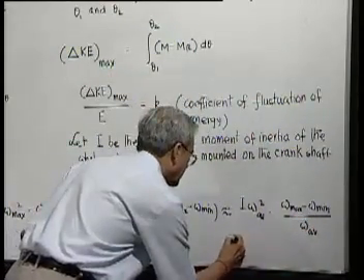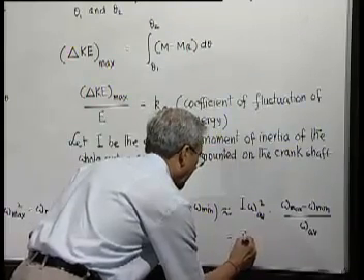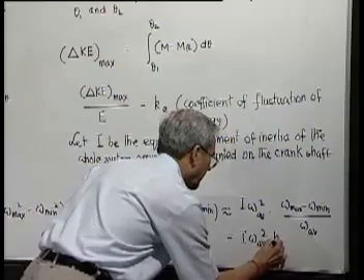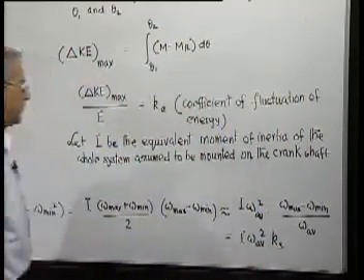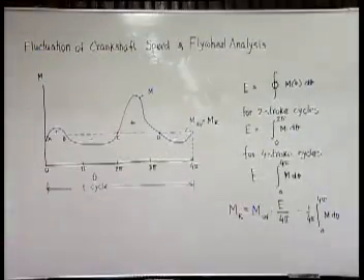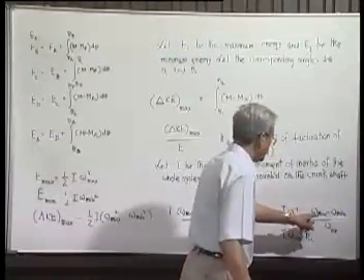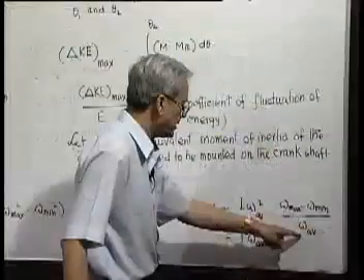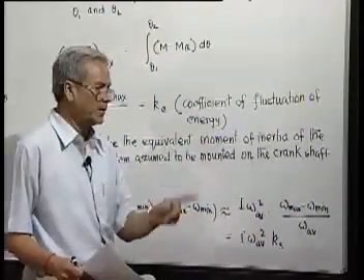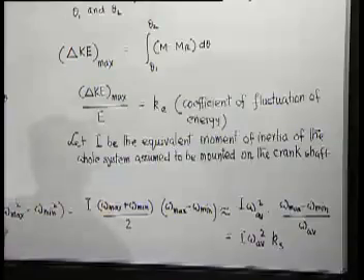And this is Ks, where the maximum variation in the speed divided by the average speed is called the coefficient of fluctuation of speed.